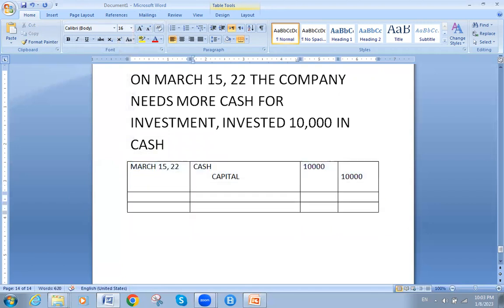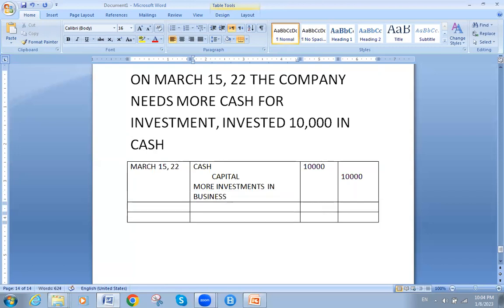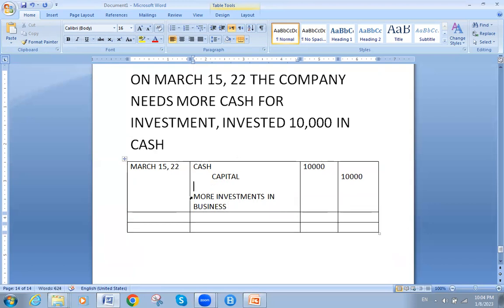Then expansion or more investments in business. This is the declaration or the brief of why this transaction.